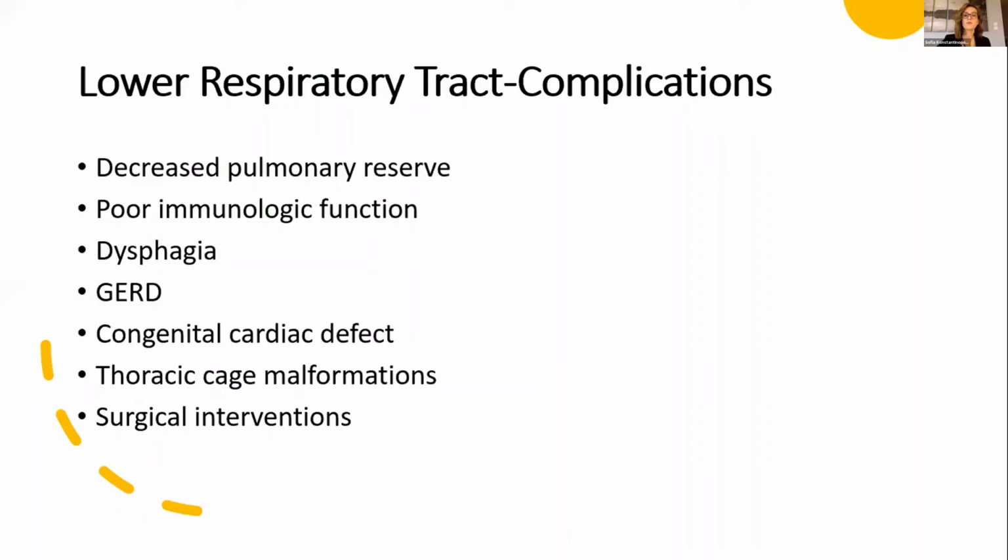Individuals with Down syndrome undergoing any surgical intervention are 2 to 3 times more likely to develop a lower respiratory tract infection compared to individuals undergoing surgery who do not have Down syndrome.